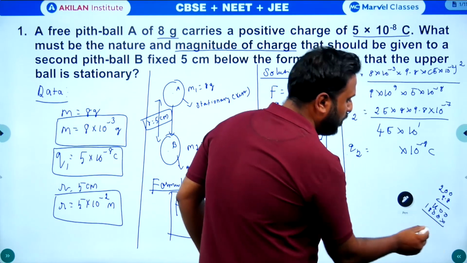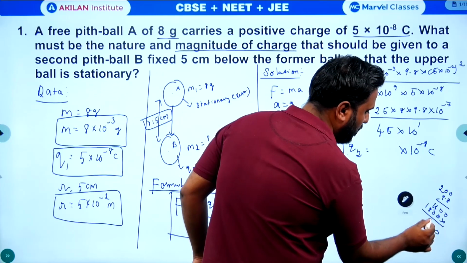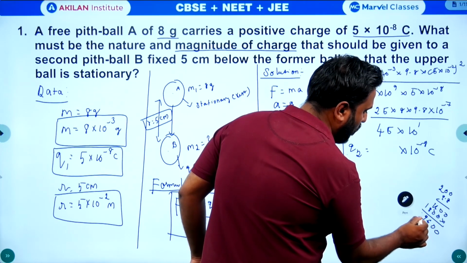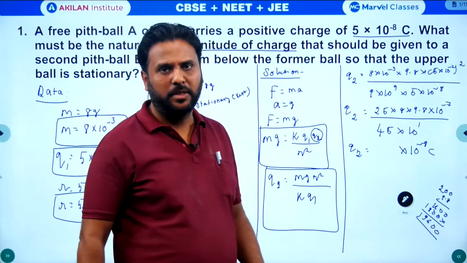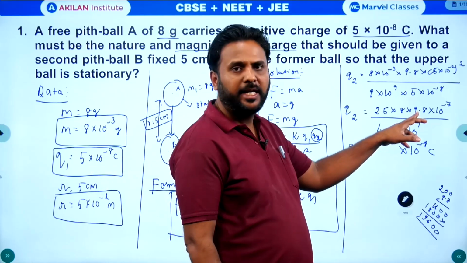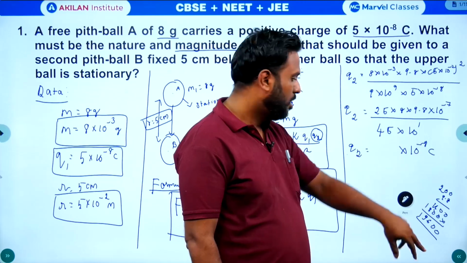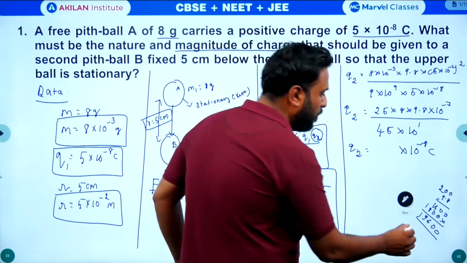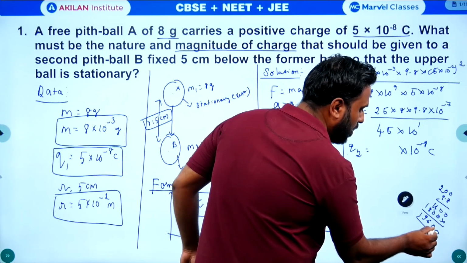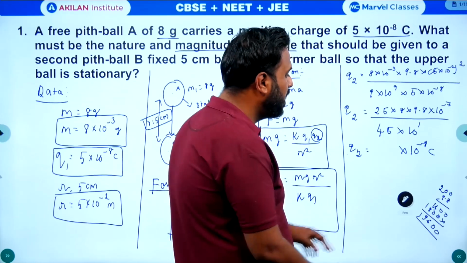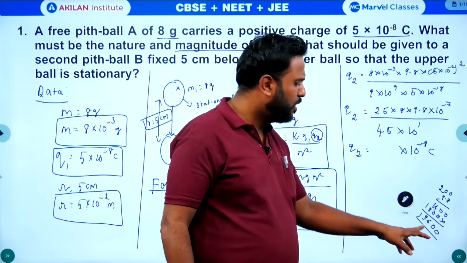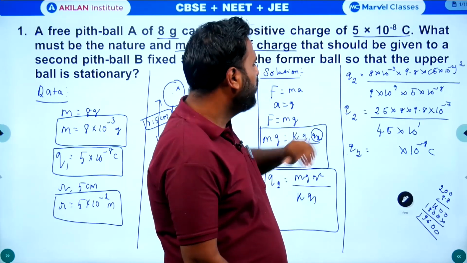Now just do the multiplication. 19600 is coming. Since this is 9.8, we have to keep one decimal place, so we make a point here. What are we getting? The answer is 1960.0. This is the value of the numerator.